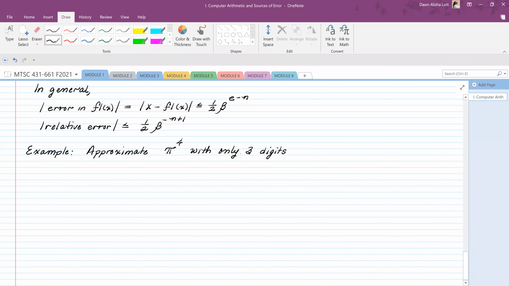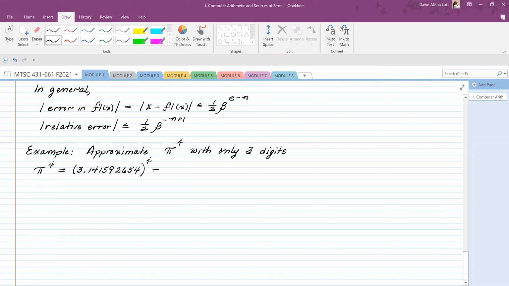Okay, so now if I use the full 8 digits, so I'm going to have pi to the 4th is going to be 3.14159 2654 to the 4th power.